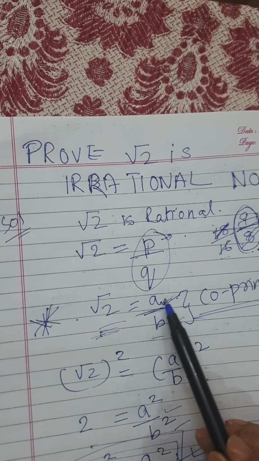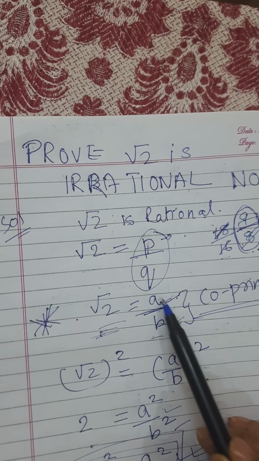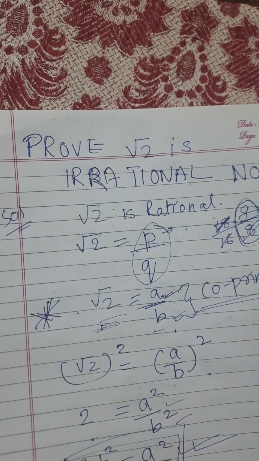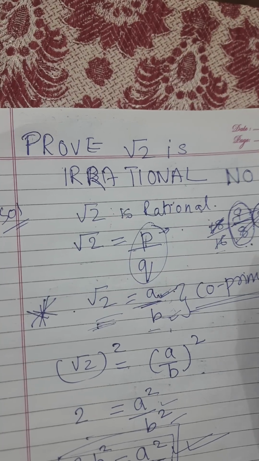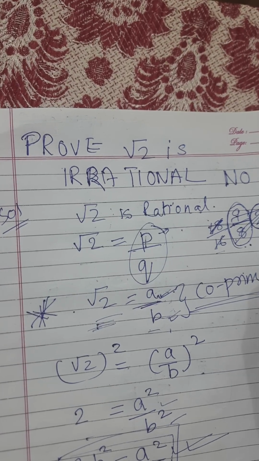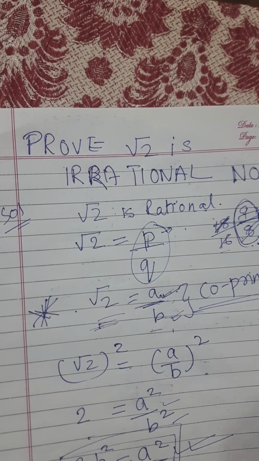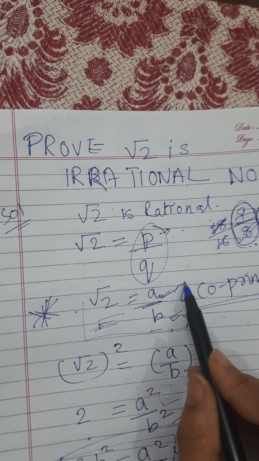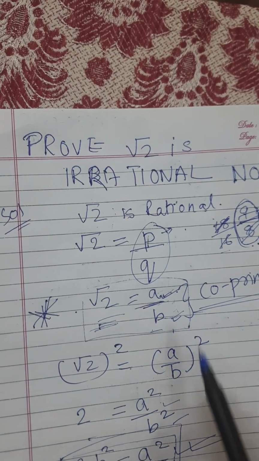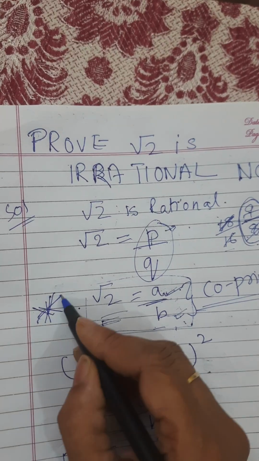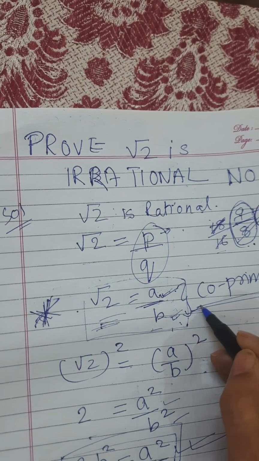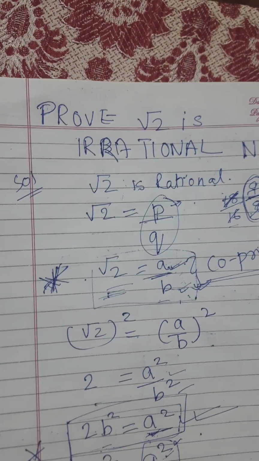So the only thing common between a and b is 1. Like what is common between 5 and 7? It's 1, right? 5 and 7 are co-prime because there is no common factor. So here we say root 2 is a by b, where a and b are co-prime. So this is our main thing, and like I said, this is going to show us the contradiction.